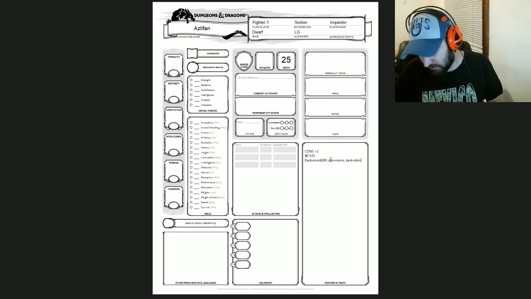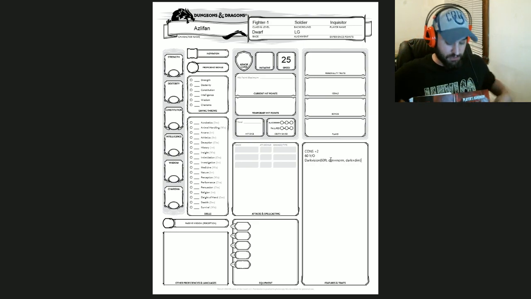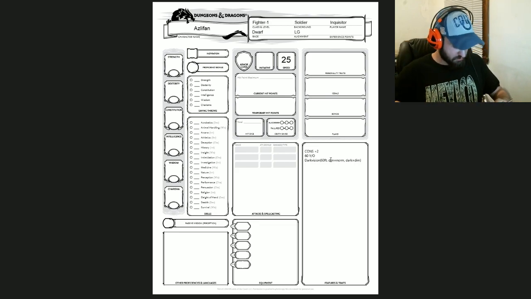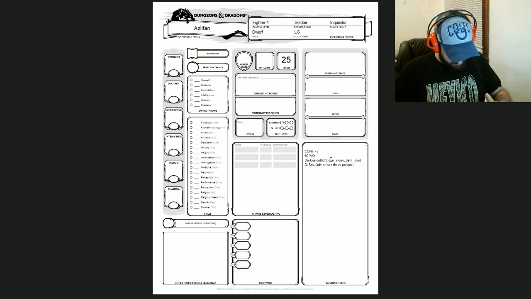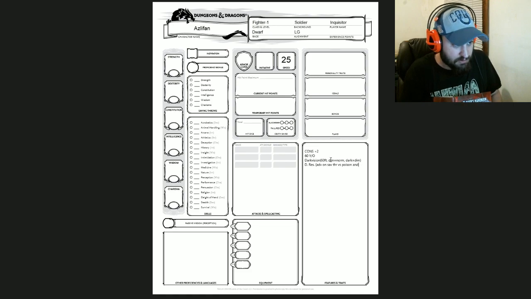You have advantage on saving throws against poison, and you have resistance against poison damage. So again, we go here and write Dwarven Resilience. So I'm gonna just put it like this. We're gonna have advantage on saving throws versus poison, and resistance to poison damage, right?